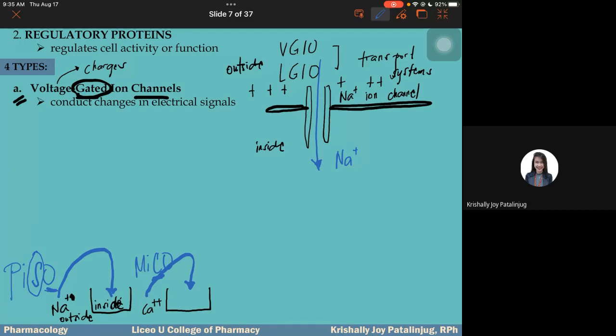So calcium ion will enter inside the cell, which makes the inside of the cell positively charged, because the ion that entered carries a positive charge.